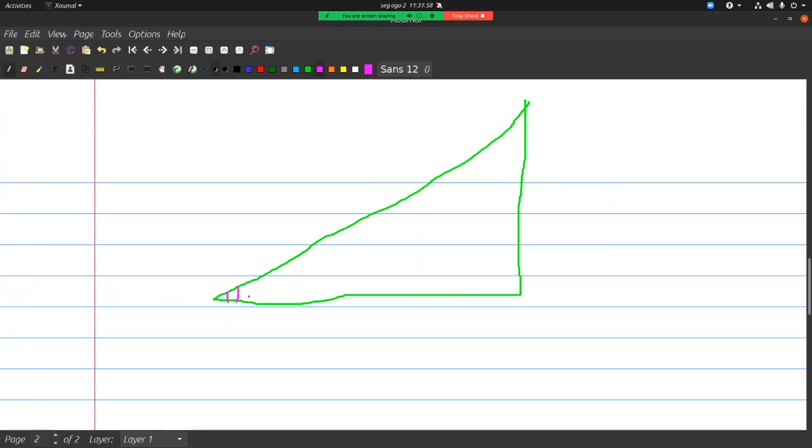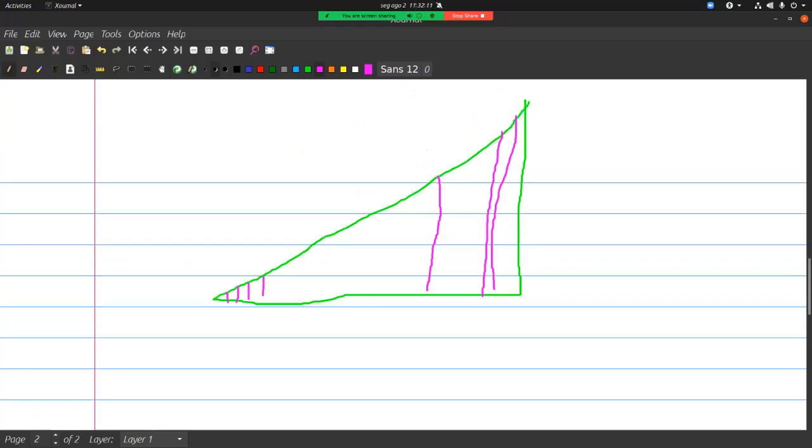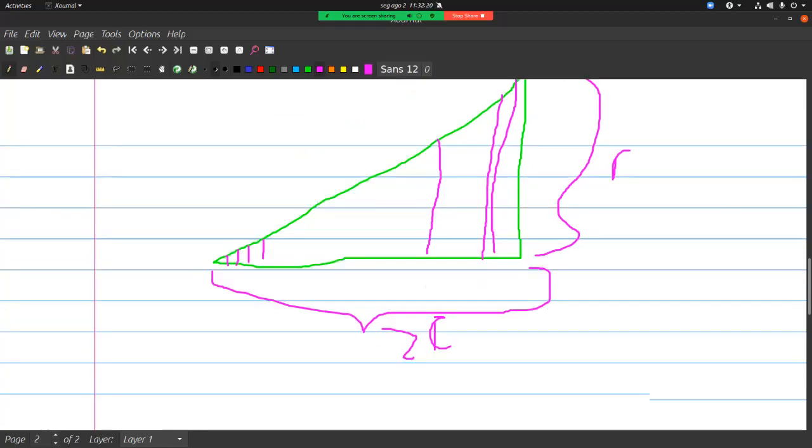You see the stripes? The very, very thin ones. This length over here is 2 pi r, and this over here is r.